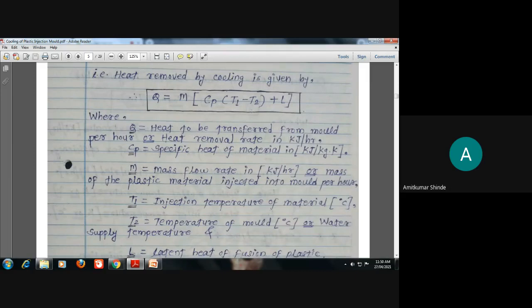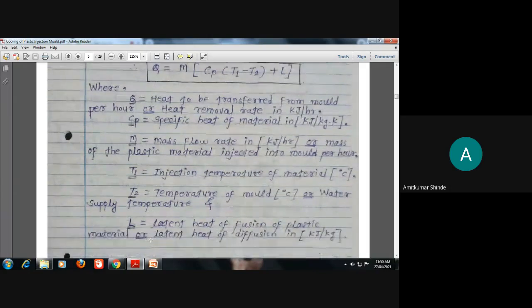Then T2 is the temperature of the mold or the water supply temperature, meaning you take the inlet temperature. And L is the latent heat of fusion of the plastic material, in kilojoules per kg, that is the amount of heat required to change the phase.